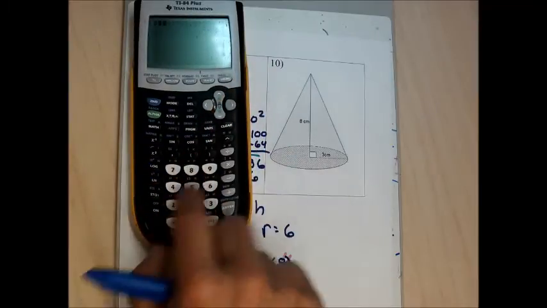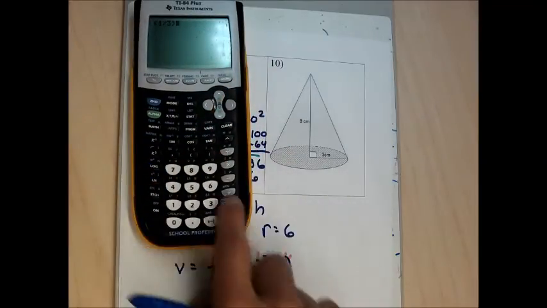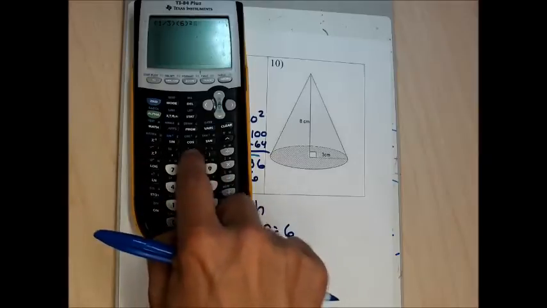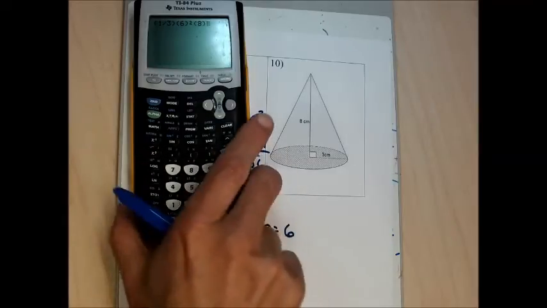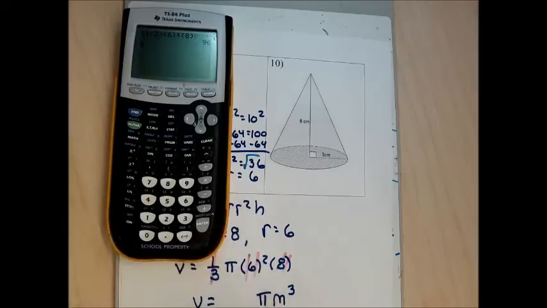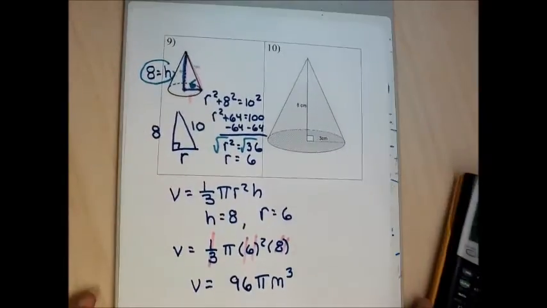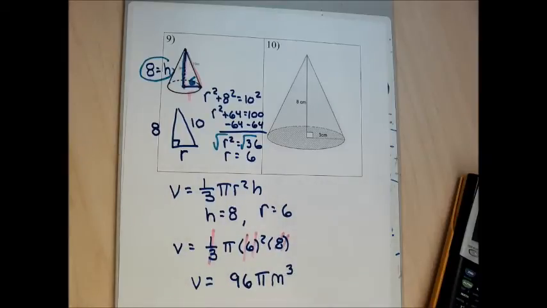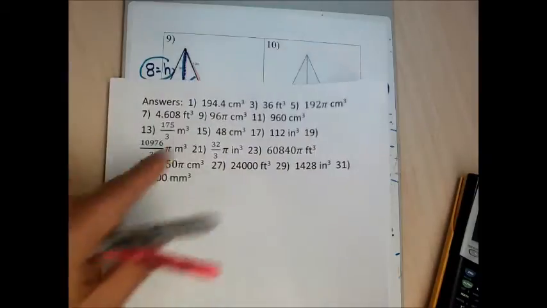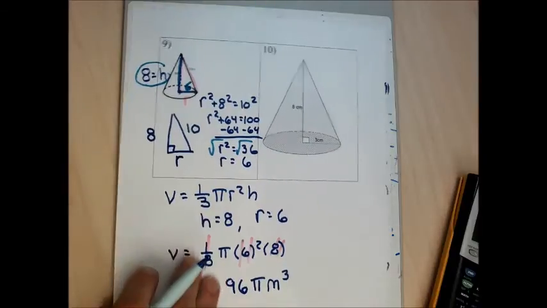So 1 divided by 3 times 6 squared times 8. And when I do that, I get the number that goes in front, which is 96. So I'm going to say the volume, or the answer for problem 9, is 96 pi cubic centimeters, and that's exactly what I have.